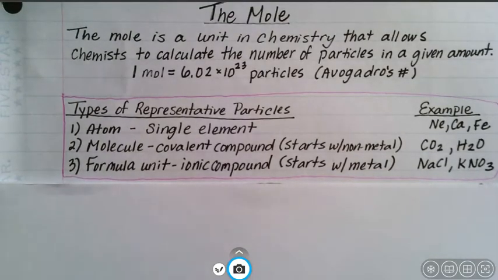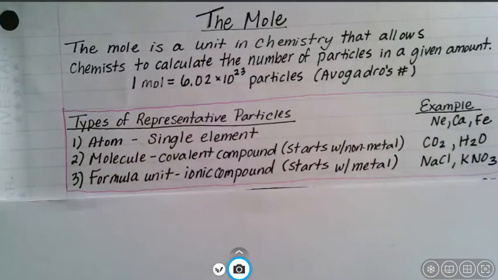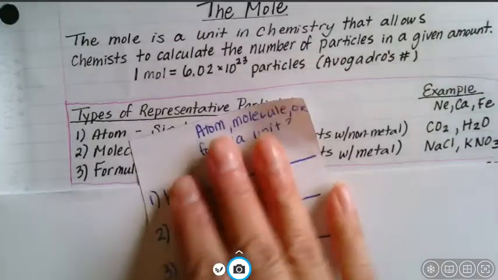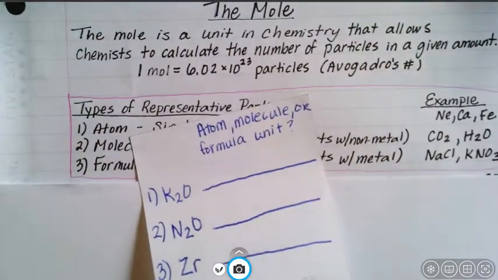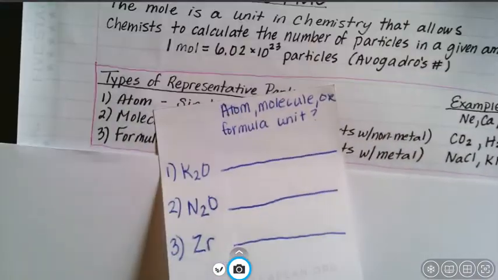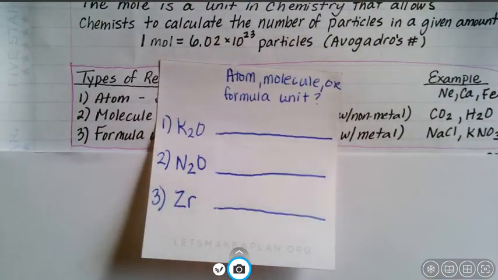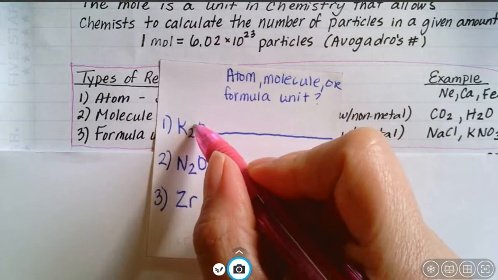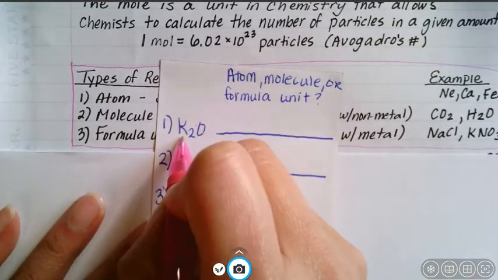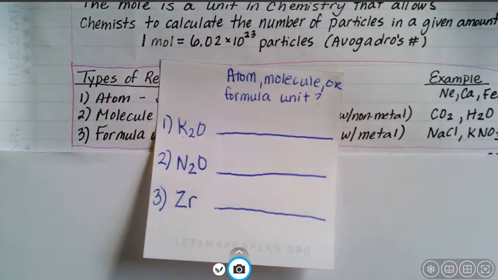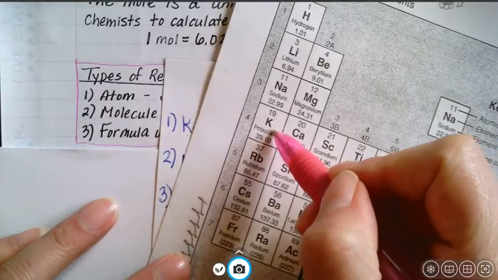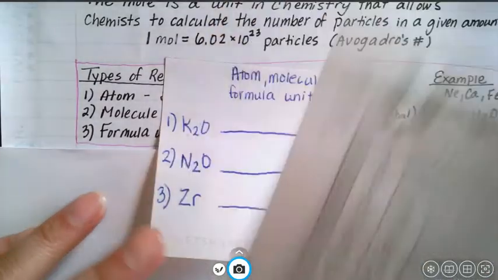Okay, what if I were to look at these? Let's take this off here. Are these atoms, molecules, or formula units? So I need the periodic table again. I'm looking at the first element in here. So K, right here on the left side, that's a metal.